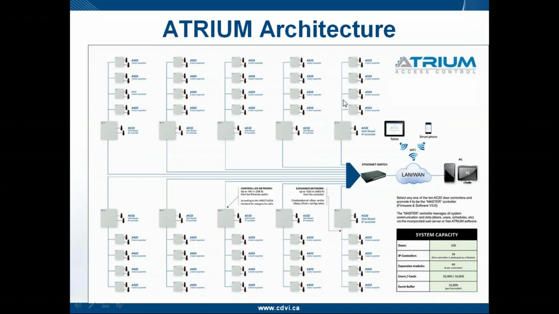So this Cat5 run is very important. If you put it in conduit, you're minimizing the risk of someone actually cutting or pulling on that wire and causing a communication failure. If the 4-door expanders are located in the same cabinet or the same utility room, and you only have a few inches of wire between each, maybe a meter at maximum, the risk of the expanders going offline is minimized because there's not that much cable.